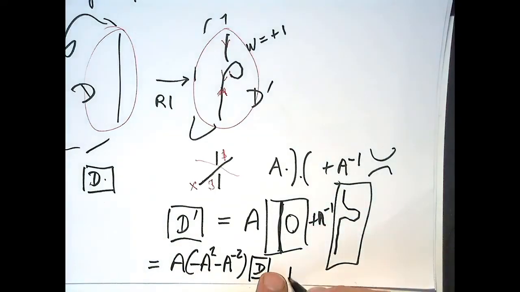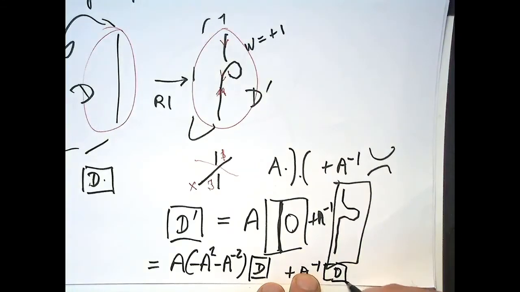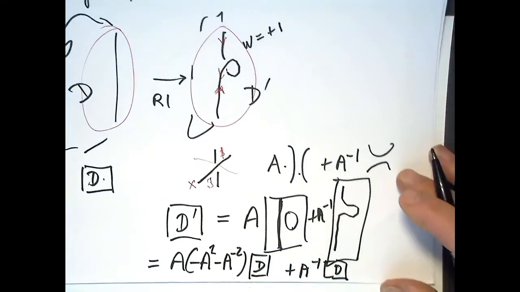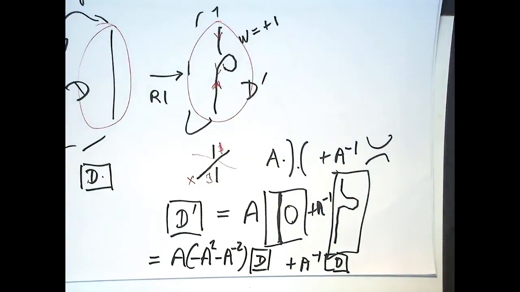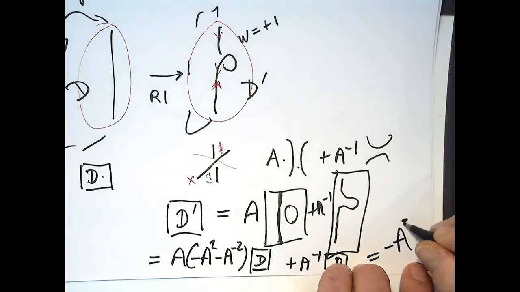And then I've got plus A inverse times the Kauffman bracket of D, because I haven't done anything. And you see that the A inverse term cancels out, so you're left with minus A cubed times the Kauffman bracket of D.